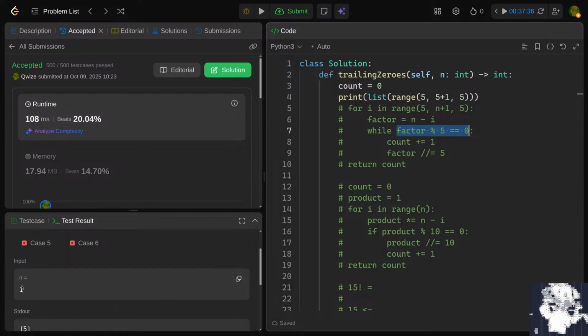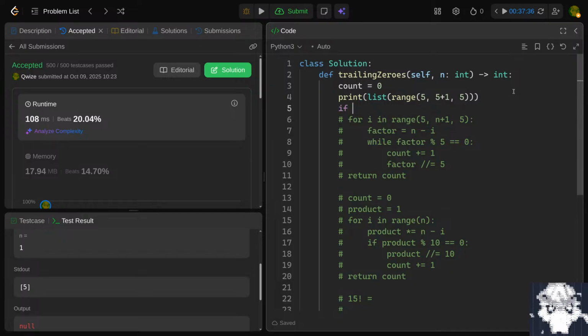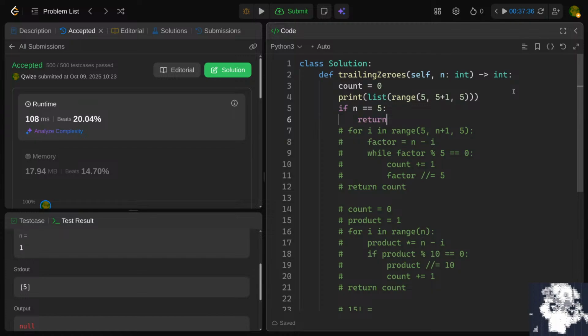Well, for one thing, I don't want to... So I guess that this would happen whenever my n is equal to 5. So I could just say if n equals 5, return 0. Or actually you return 1, right?